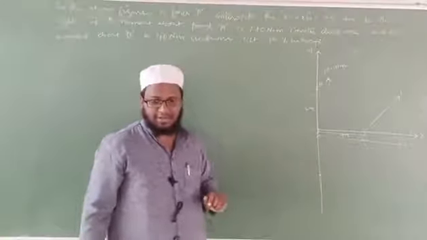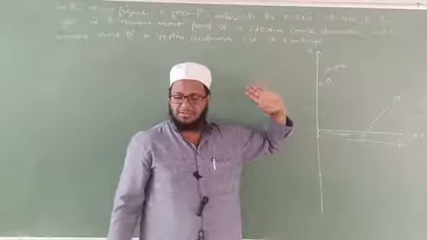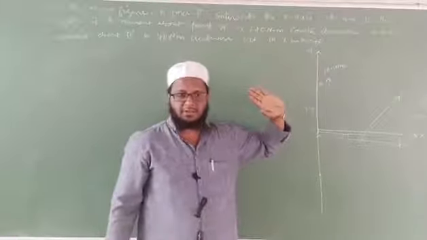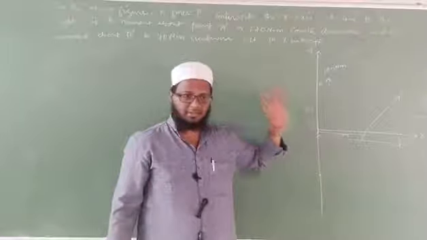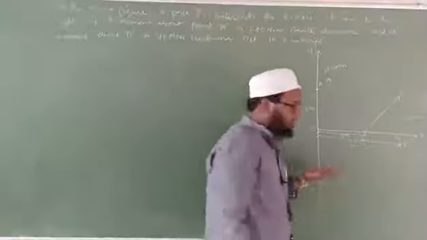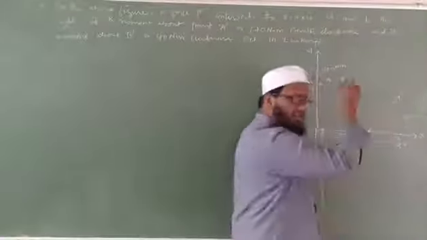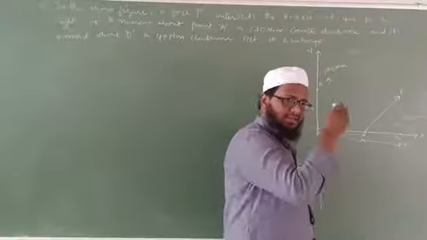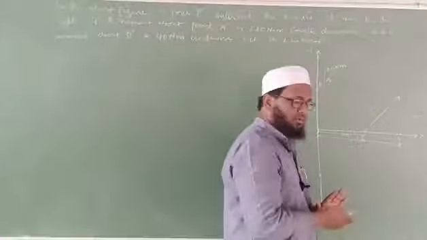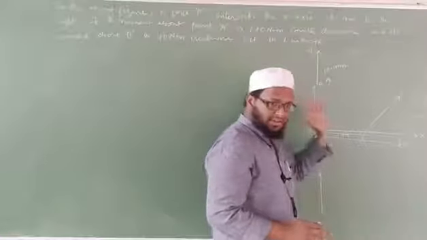So how will we calculate? Whenever we get any moments, the very first thing we have to do is calculate the components. Components are very, very important. Without components we cannot calculate moment when there is an inclined force. If it is a vertical or horizontal force, we can calculate directly, but if the force is inclined, then we cannot calculate moment unless we calculate components.